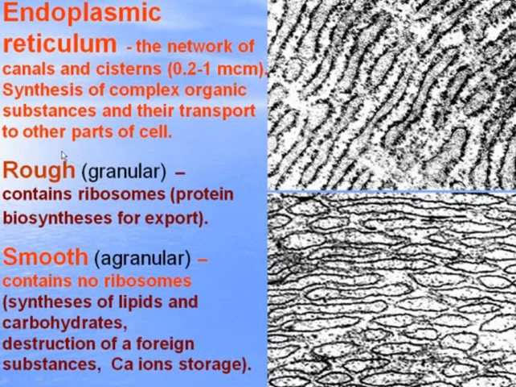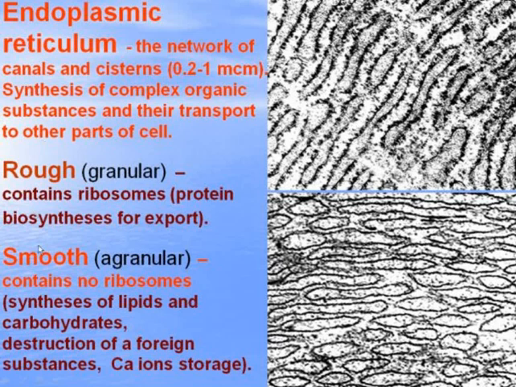There are two types of endoplasmic reticulum: rough or granular, which contains ribosomes on the surface, and it's responsible for protein biosynthesis for export outside the cell to the needs of the whole body.